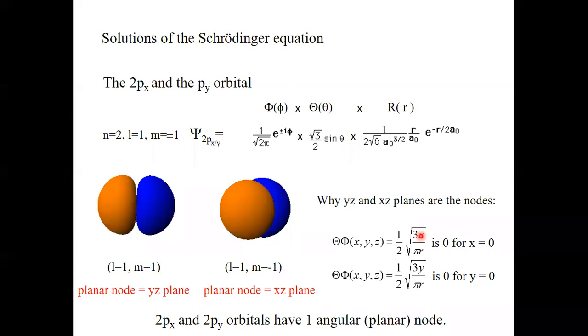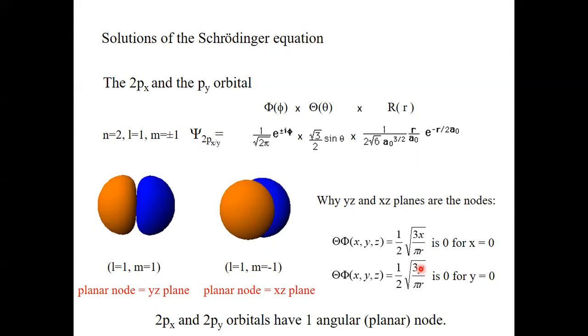Okay. Therefore, for the px orbital, the yz plane now represents a planar node, which defines the shape of the orbital, which is now oriented in x direction. Okay, because the algebraic sign of the wave function must change at a node, the two lobes must have different algebraic signs. Now for the 2py orbital, which is a linear function of y, the wave function becomes 0 when y is equal to 0, and y is equal to 0 in the xz plane.